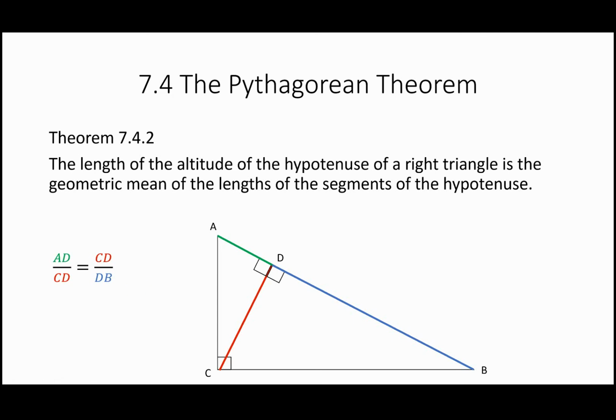If you've never heard this before in your life, don't worry, that's why I'm here to teach you this. So AD and DB, the two segments of the hypotenuse, those values are in what we call the extremes positions, which is the numerator of the left side and the denominator of the right side of the proportion equation. So this is the way that you would set up the proportion based on the description of this theorem.